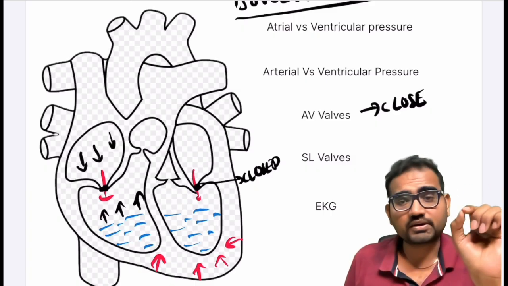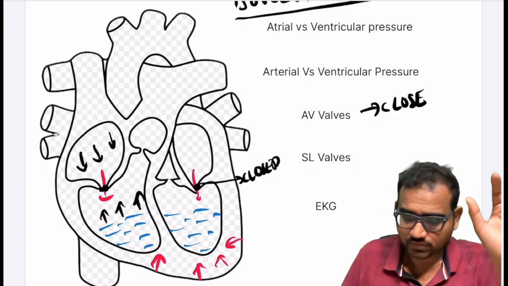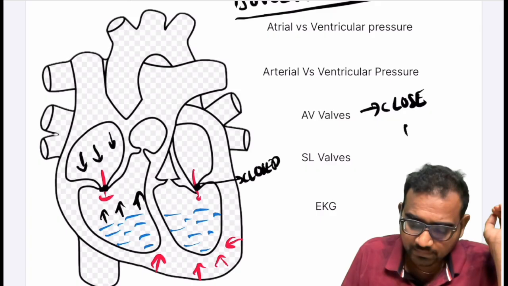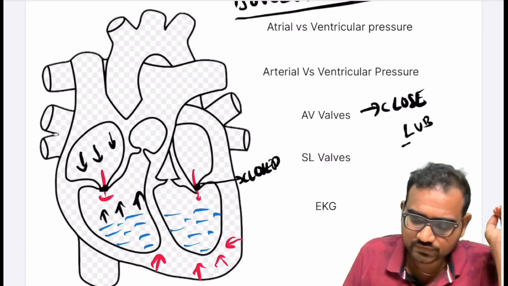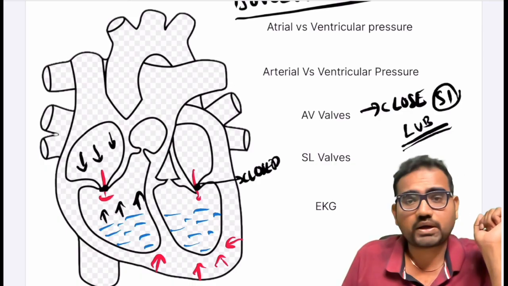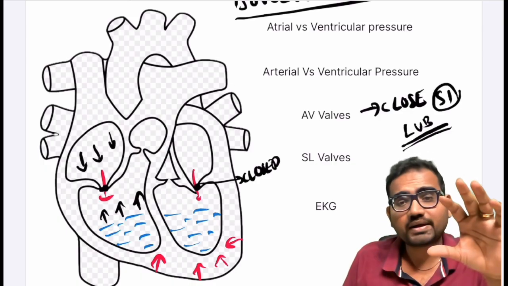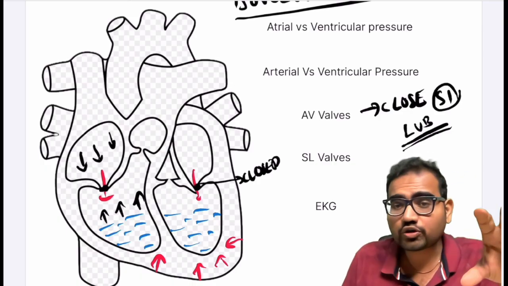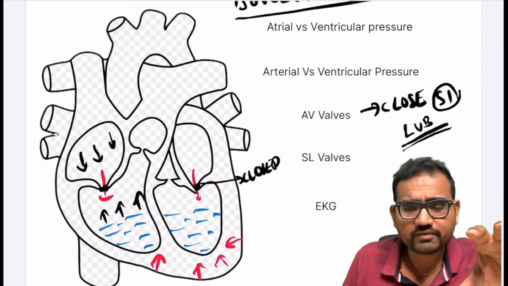That is how we hear the first heartbeat sound, the lub. It is heard as S1. So the lub sound S1 is because of the closure of the AV valves. Why do the AV valves close?